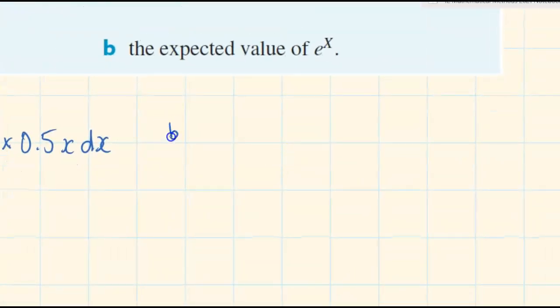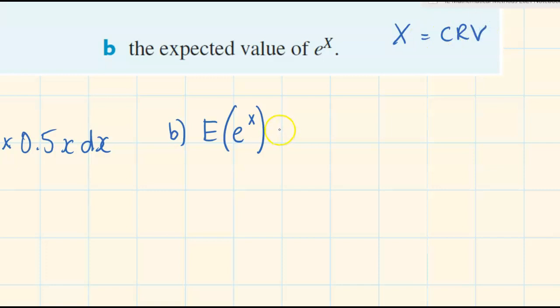So part b is going to be the expected value of e raised to the power of X. Can you see that I've drawn that X intentionally different? That's a capital X. That capital X is representing the continuous random variable.